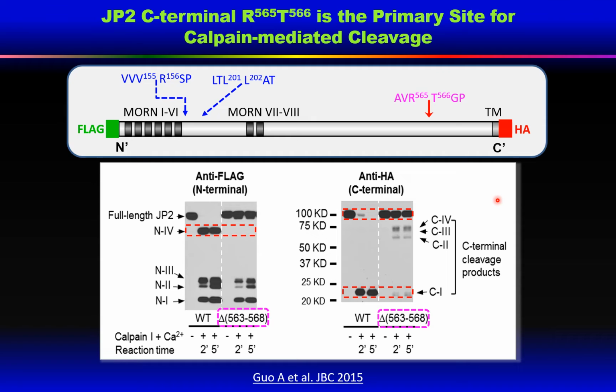Mutagenesis analysis in combination with in vitro calpain cleavage assay led us to conclude that the C-terminal site is the primary, most sensitive one to calpain cleavage, because only the deletion mutant around this C-terminal site can preserve the full-length JP2 and prevent the production of JP2 truncates corresponding to this cleavage size.